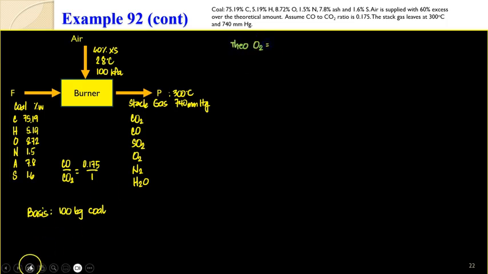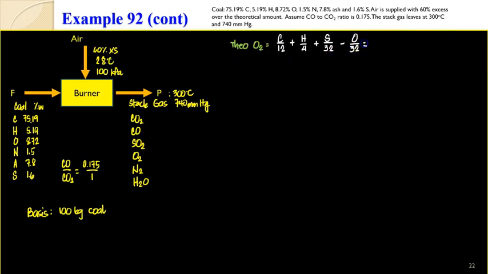Theoretical oxygen would then be, since everything is given in terms of mass, C over 12 plus H over 4 plus S over 32 minus O over 32.